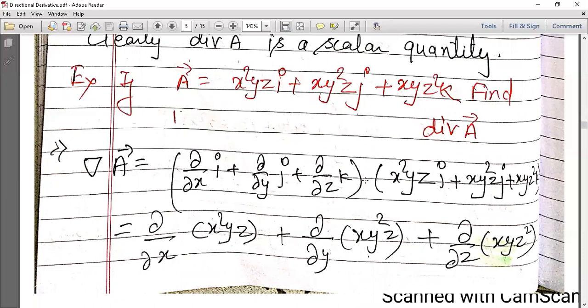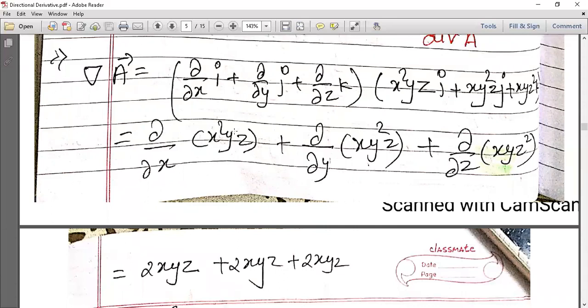Product of two vectors here means we are applying the dot product. So when we apply it, it is ∂/∂x of x square yz, then ∂/∂y of x y square z, ∂/∂z of x y z square.